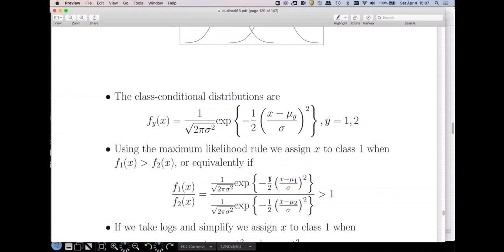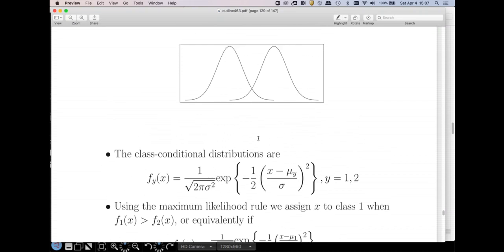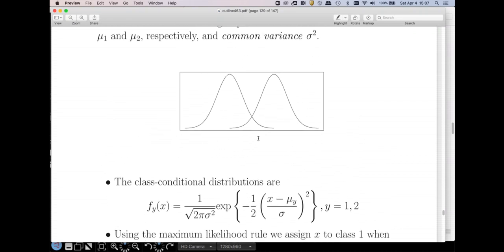I'm now going to develop the maximum likelihood discriminant rule using algebra. So what is the equation of these two curves? Well, you may have covered this back in your probability class. You may have skipped it, but I'm going to give you the equation of one of these curves.